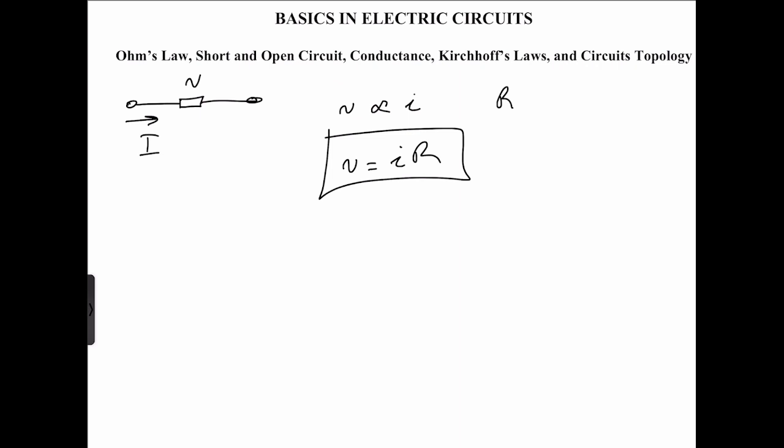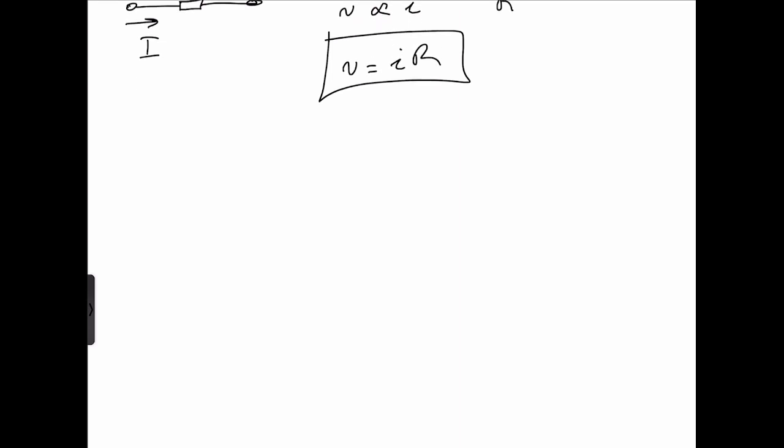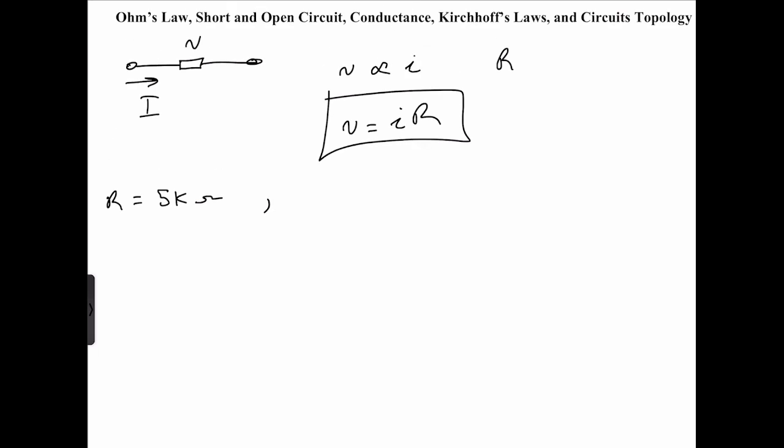So for example, say we have a resistor with resistance of 5 kiloohms, which is R, and the voltage across that resistor is equal to 20 volts. We can find the current through the resistor by using Ohm's law.